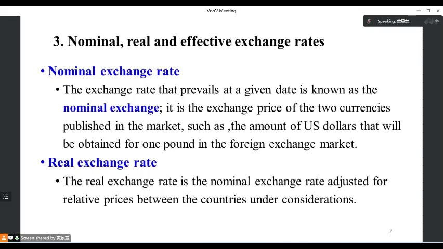It means the two currencies' exchange price. For example, 1 British pound can exchange into 1.2 US dollars. In this method, we can say nominal exchange rate.